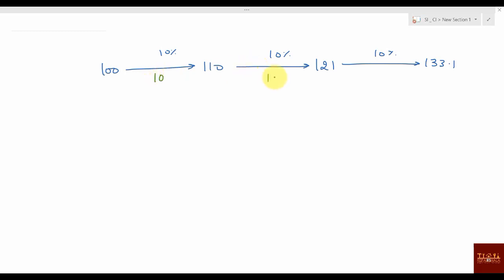When 100 is becoming 110 with 10% increment, and 110 is becoming 121, and 121 is becoming 133.1 with 10% increment, what can you say is the value for compound interest? Compound interest will be 10 here, and what is the compound interest here? 11. Now this 11 is what? 10 plus 1. Means now you can say one extra increase is happening, or you can say what? How much increment is happening? 10% increment in the CI also. And this is the important thing to note down.